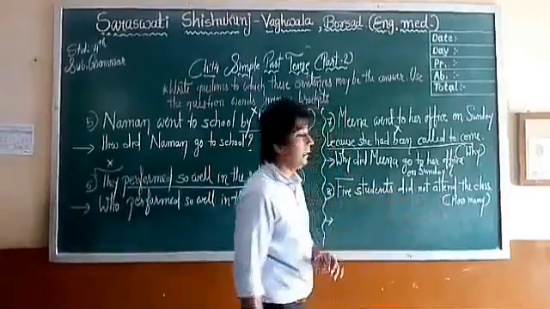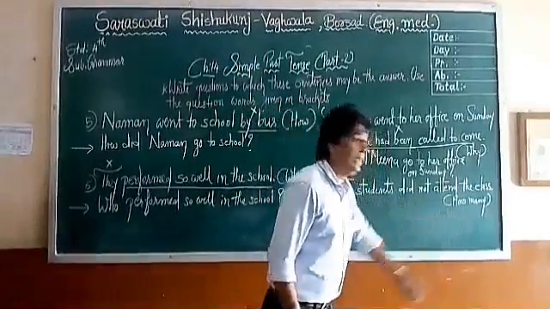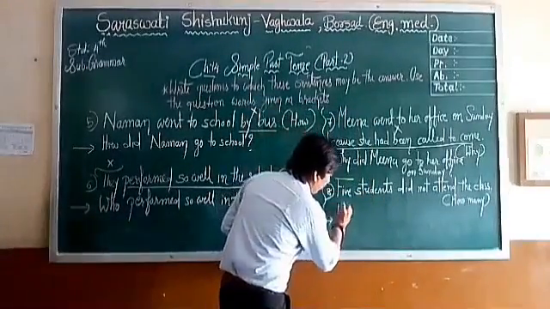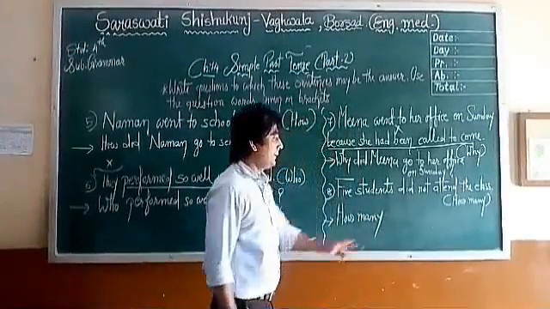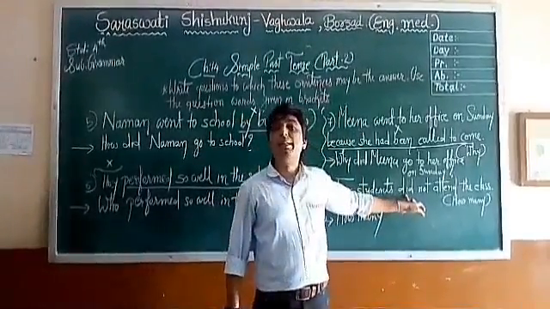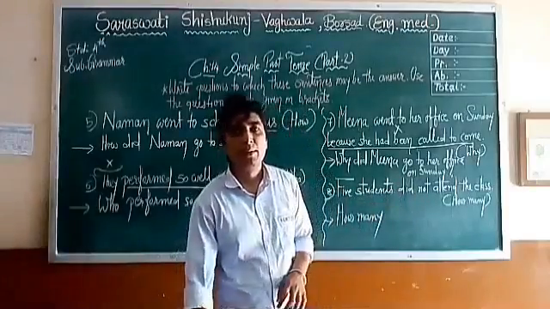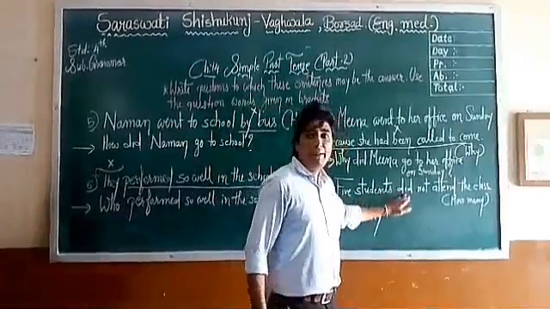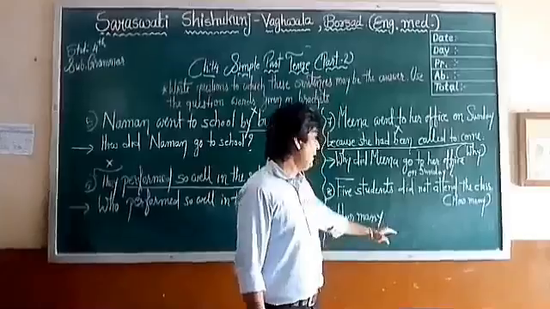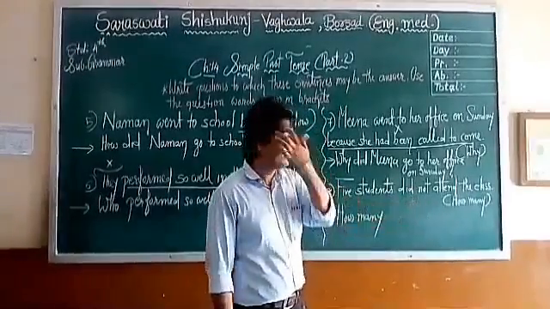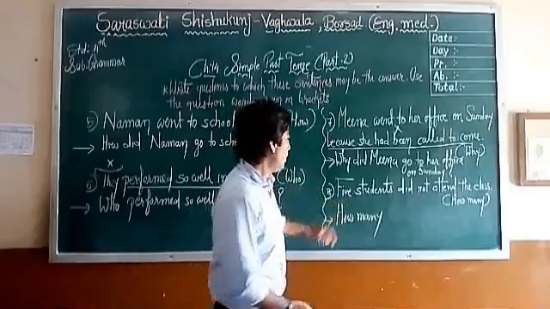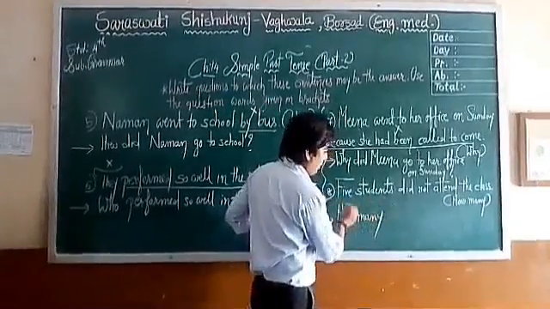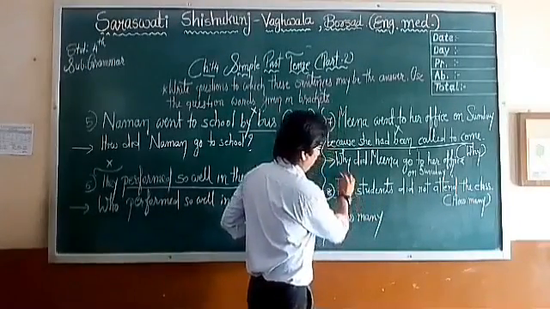5 students did not attend the class. How many? So write down first of all how many. Now see, as it is negative, right? So we are not going to write it over here. How many students? No. How many is asking for a number. So 5 students. How many students? 5.